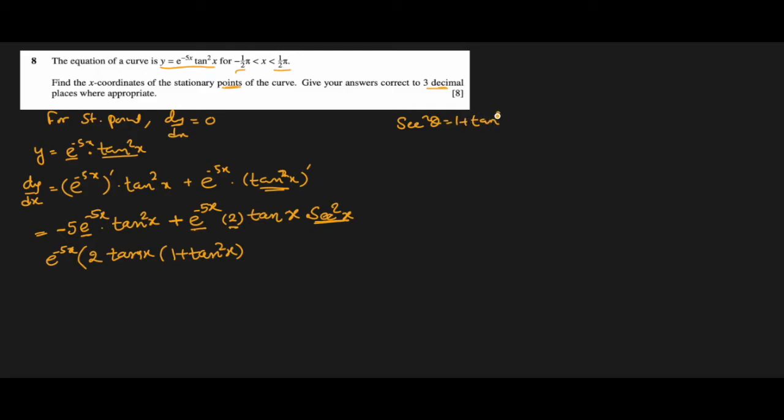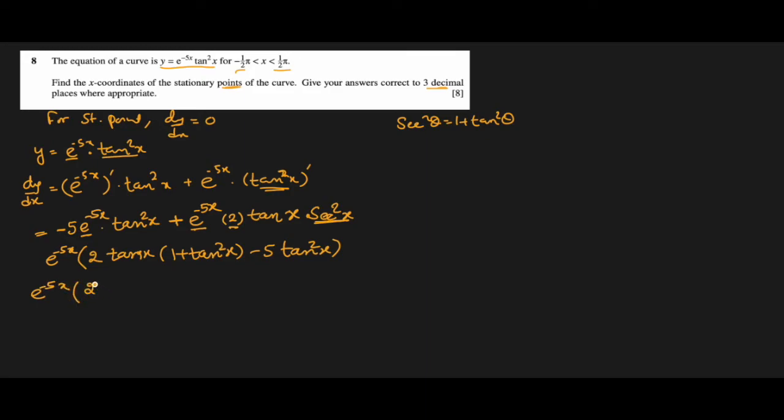This is an identity given to you in your formula sheet. Okay, all of them are written here. Now we'll go to this one. Negative 5 e to the power minus 5x is taken common, tan square x. Okay, now we can see that when we open this, let's open first and then talk about it.